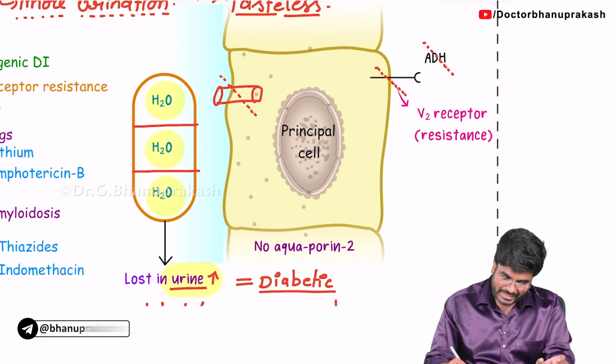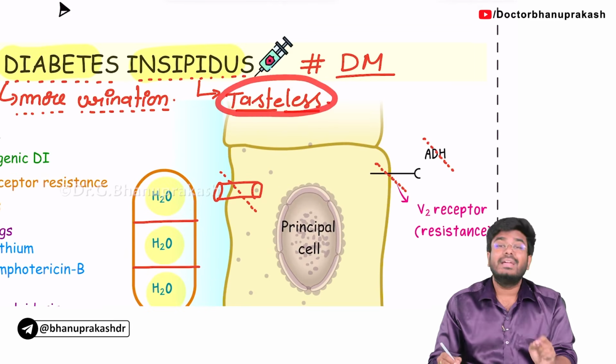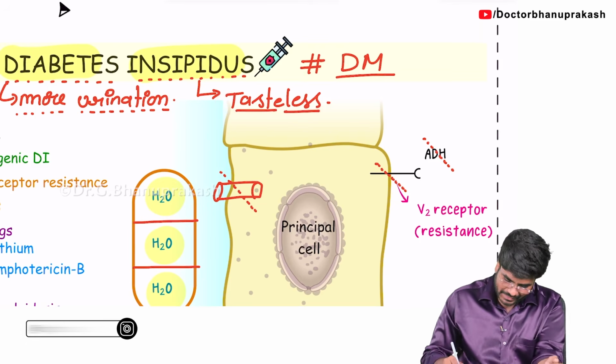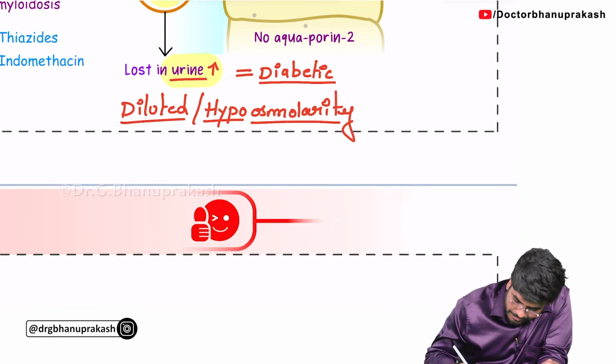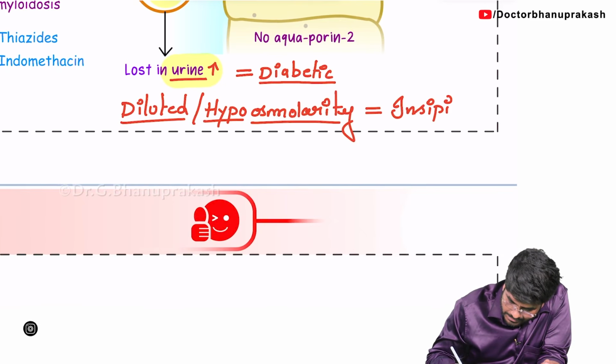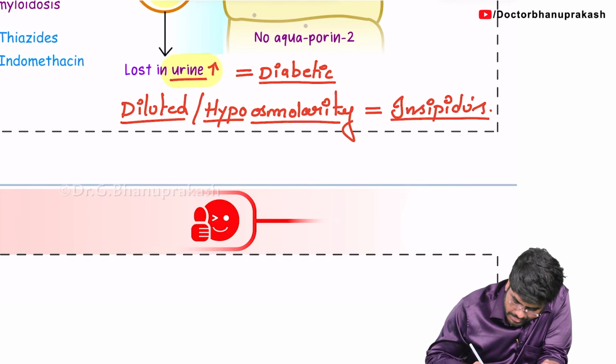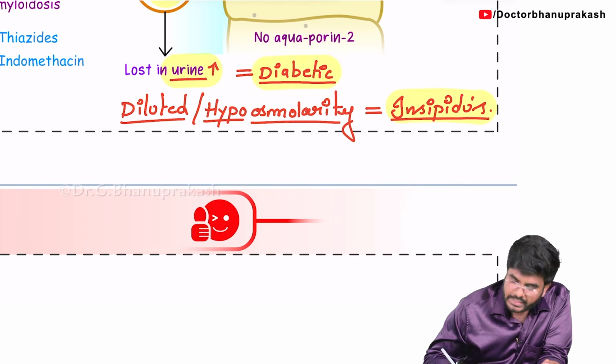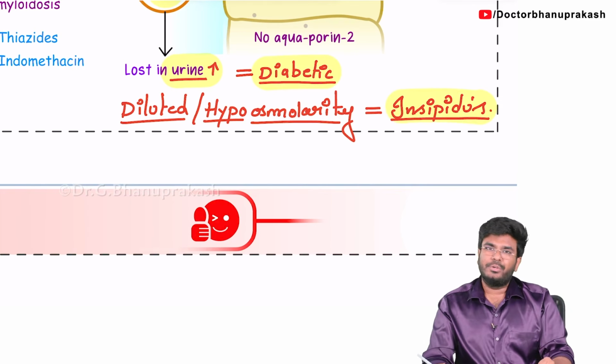So, tasteless here literally means diluted urine. Because of this diluted urine, the word that I am using is insipidus. Diabetes insipidus: diabetes meaning he is producing more urine, and that urine is diluted urine.